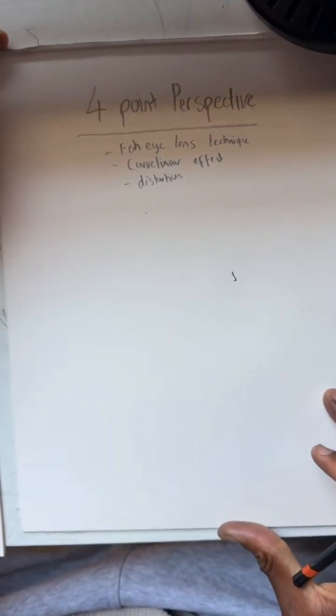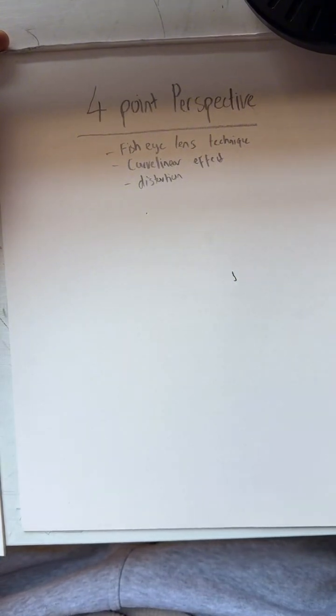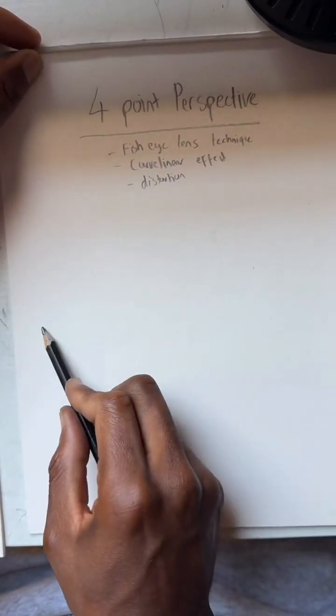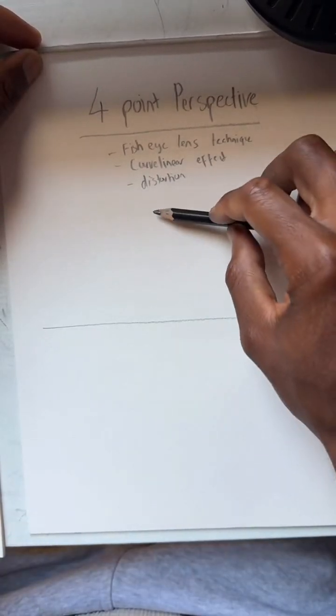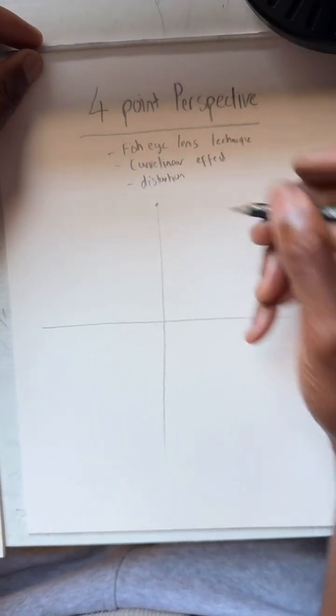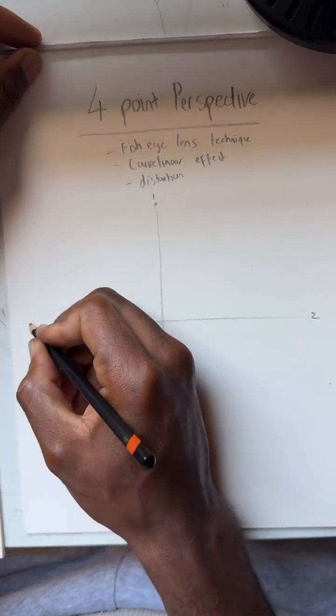Exactly, 4 vanishing points. So let's use the space of this paper. We're going to draw a horizontal line, then a vertical line. Now, our vanishing points are going to be 1, 2, 3, and 4.